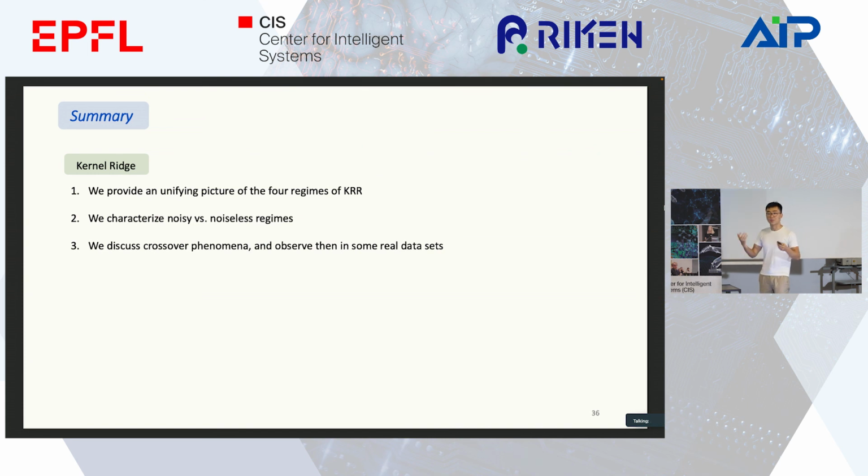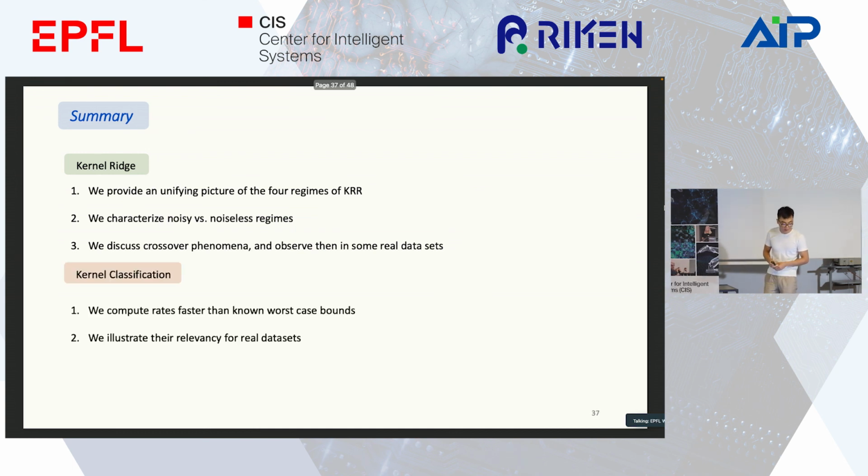And we discuss the crossover phenomena from one noiseless regime to one noisy regime, and observe them also in some real datasets. And for classification, we compute rates also for this class of datasets described by source and capacity, show that it's a better description than known worst case bounds, and we show how they're relevant also for some real datasets.